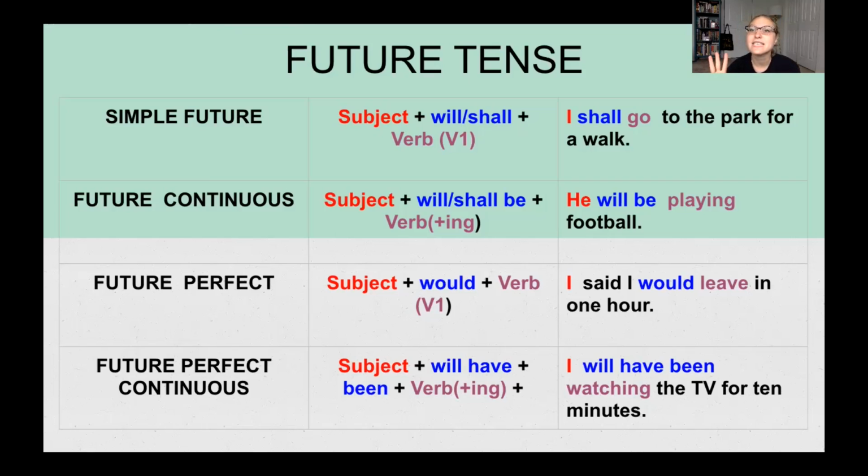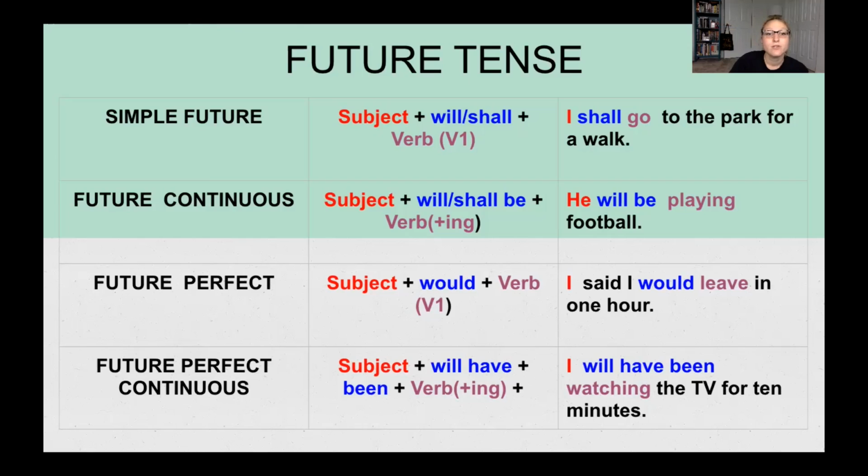Leave is left in the infinitive. It is not conjugated. It is just left how it would be used in the present tense. So I said I would leave in 1 hour.